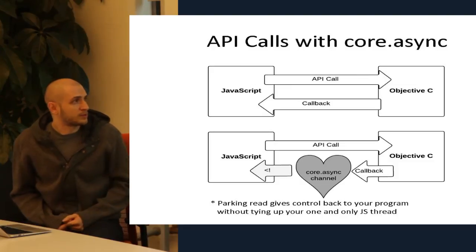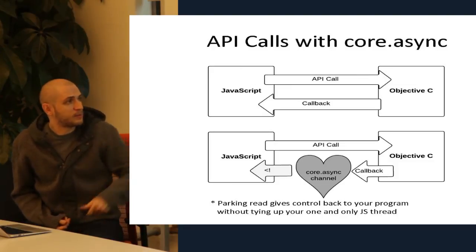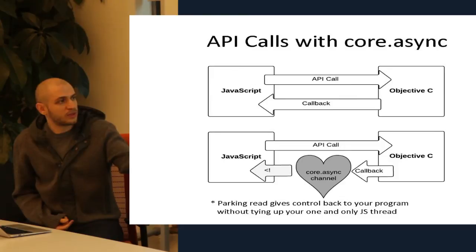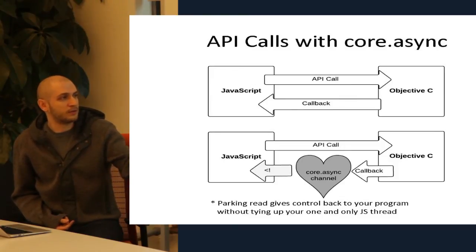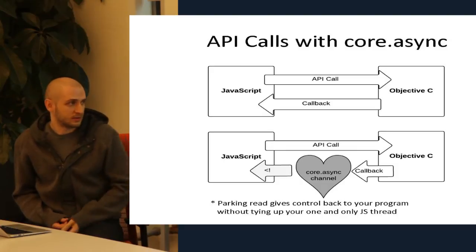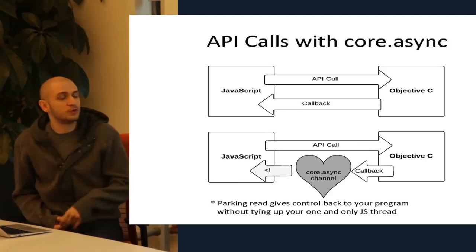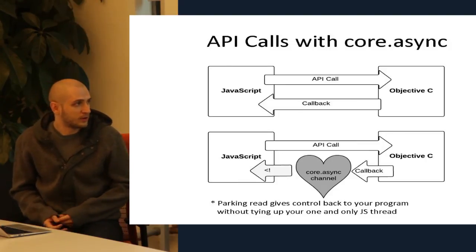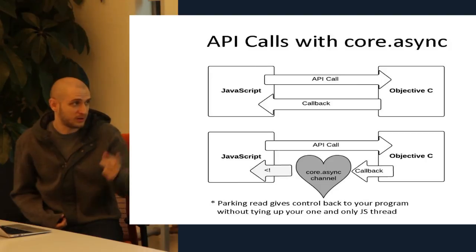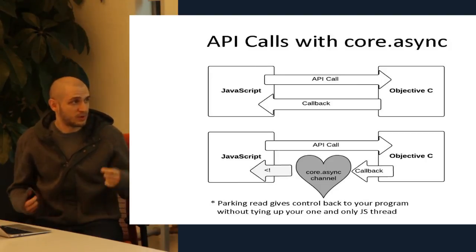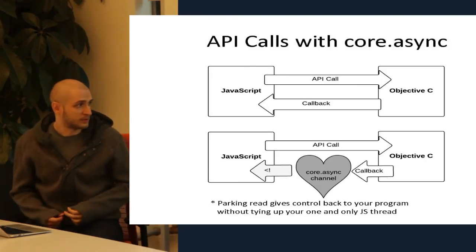On the bottom, you have the same API call, but all the callback you pass in does is put the value on the core.async channel. Then you can do a parking read, and read from the channel whenever you want to, so you're back in control now. And you don't have the logic of your program spread all over the callback. That made it really neat, and a lot easier to think about things.